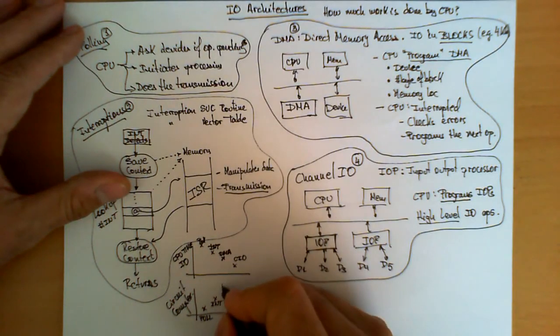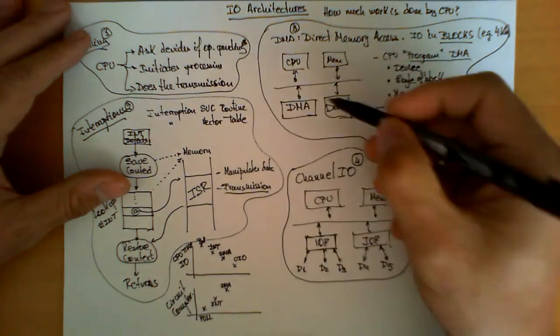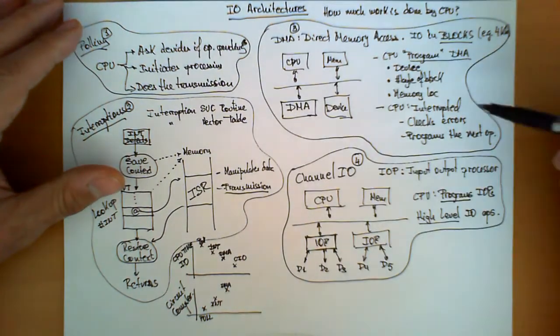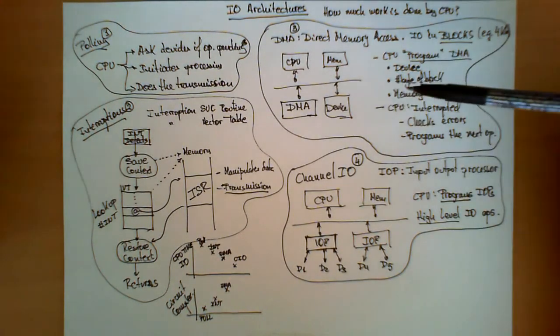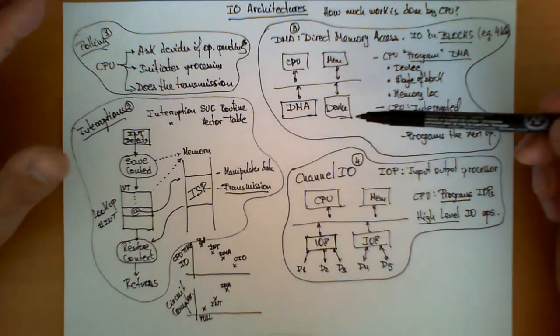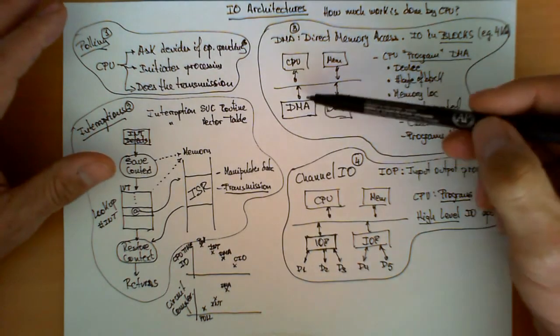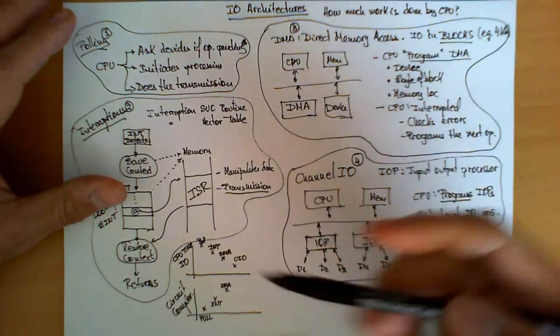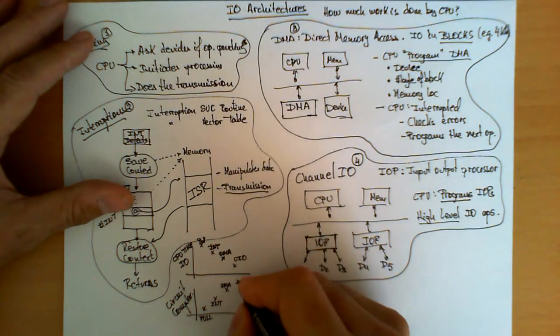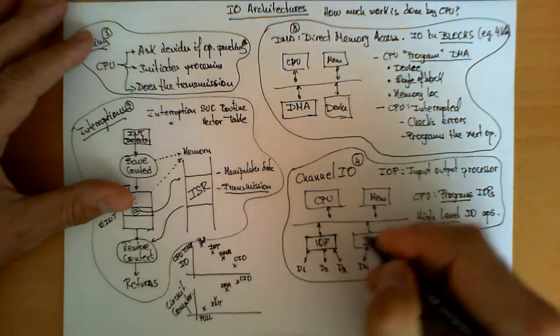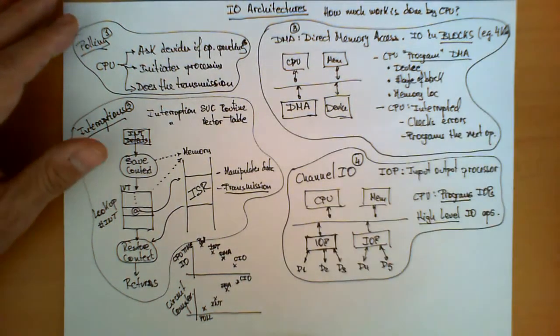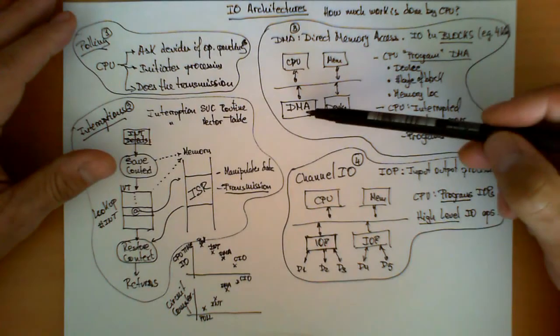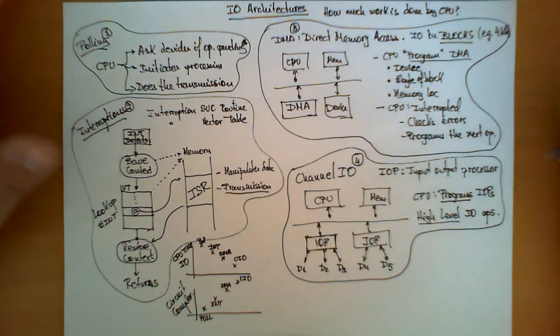Option number 3, DMA, is more complex because now we have a specific circuit which is capable of executing some basic operation, mainly a loop, but it's still much more complicated, and therefore the number of transistors or gates required to implement the circuit is much larger. And of course, up here would be the channel input-output because these IOPs we have here are much more complex circuits than the DMA and therefore require a large number of gates.